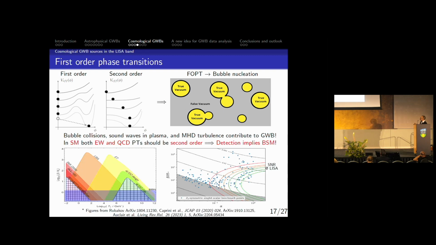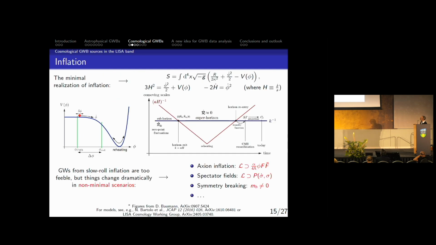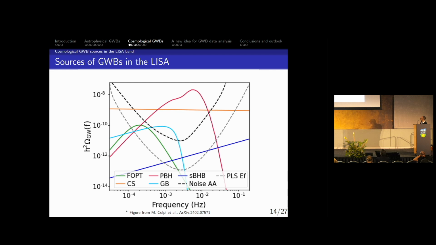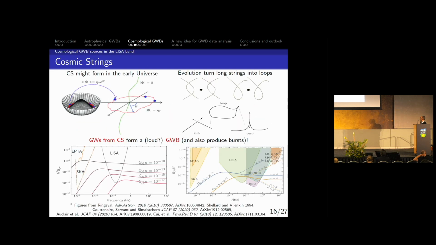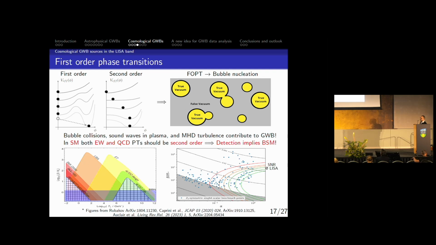When this happens, you end up having a signal which has this shape here, this green curve. And the interesting thing is that the position of the peak is telling you about the temperature at which the phase transition is occurring, first of all. Second important point, the phase transitions we expect in the standard model are all second order. So if we measure these kinds of signals, this is telling us that there is something beyond the standard model. So if we measure this, it's quite interesting, I'd say.